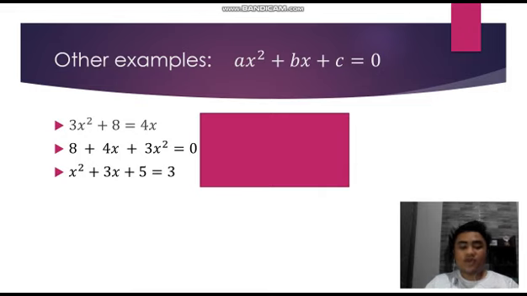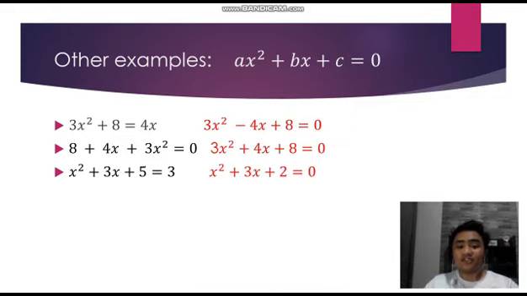Other examples: 3x squared plus 8 equals 4x, 8 plus 4x plus 3x squared equals 0, and x squared plus 3x plus 5 equals 3. They are still considered quadratic equations even though they are mixed, because we can rearrange them.